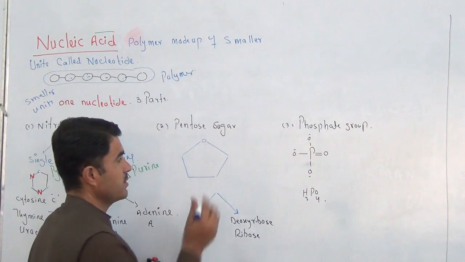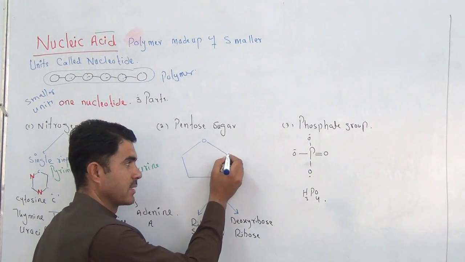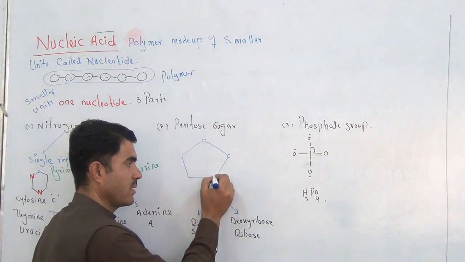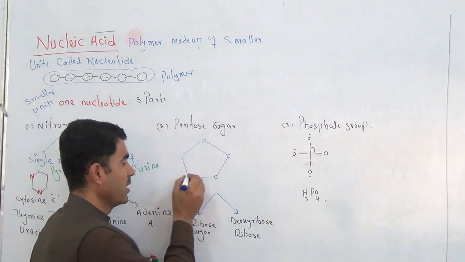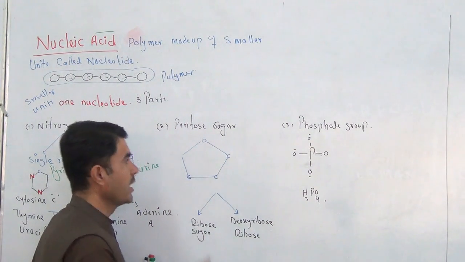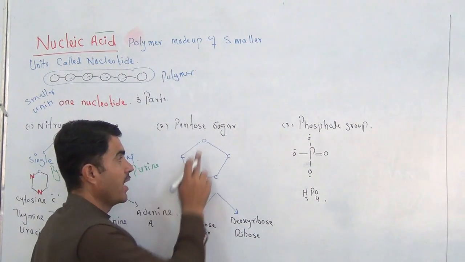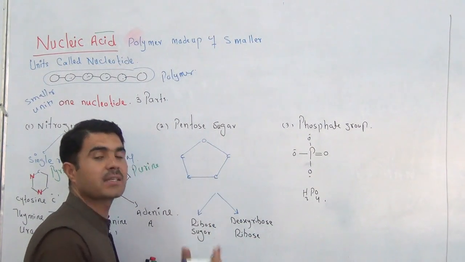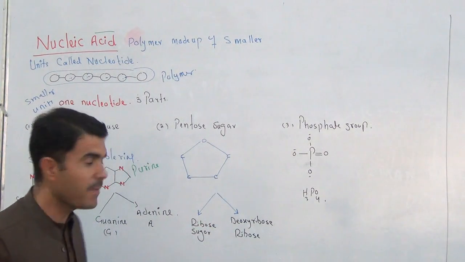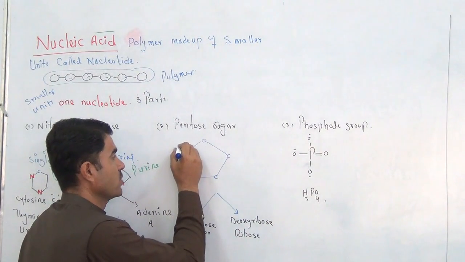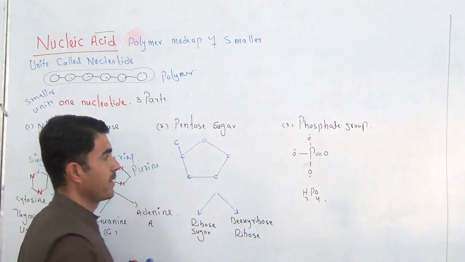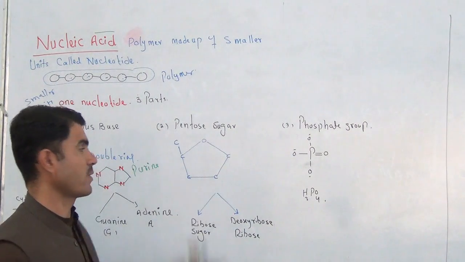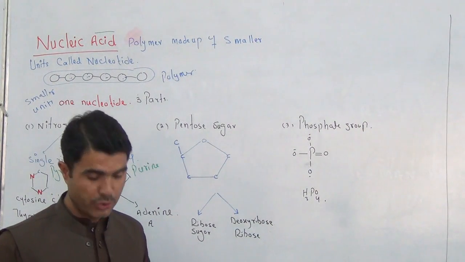This is the first corner, it contains carbon. This is another carbon. This is the third corner, this is the fourth corner, and the 5th corner does not contain carbon, it contains oxygen. So 5 carbon and 1 oxygen, this is a pentose sugar.